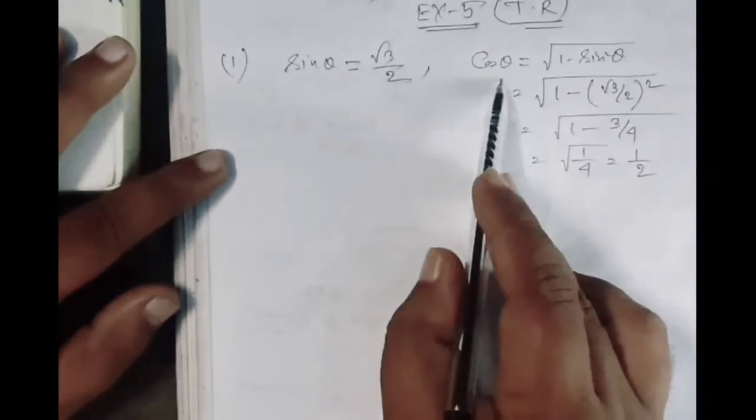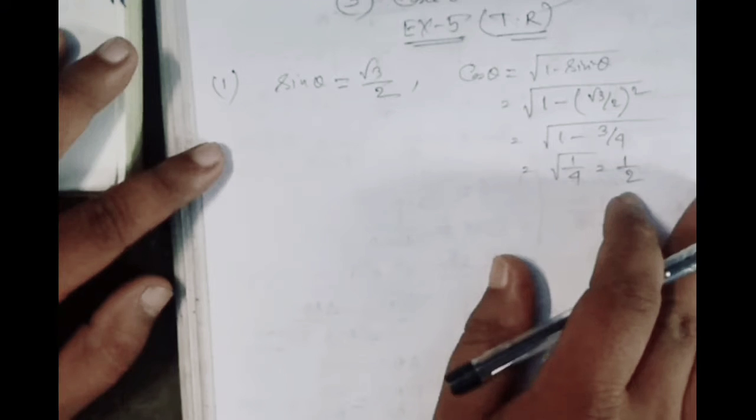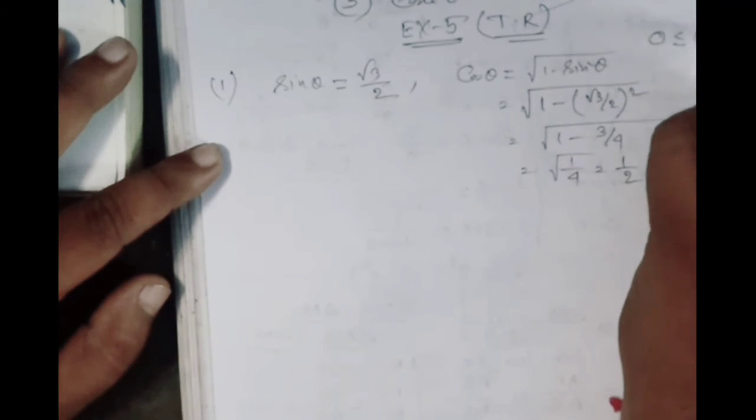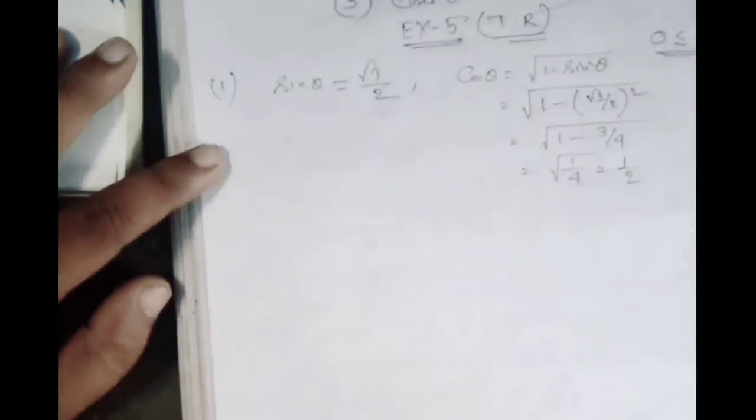Now here the range of theta is not given, so we can take the positive sign here. We will always take the range of theta as 0 less than or equal to theta less than or equal to 90. Understood?